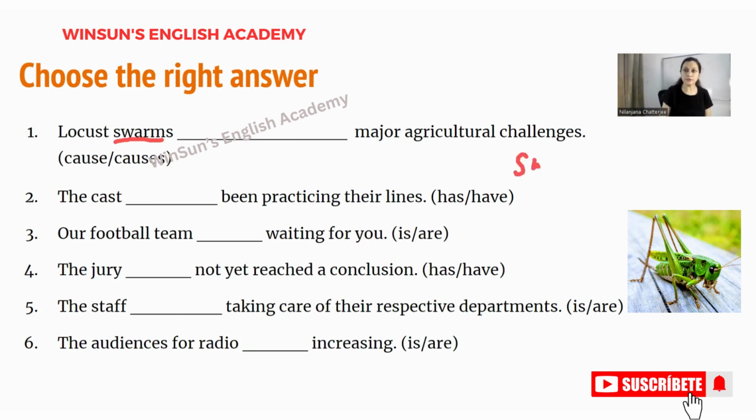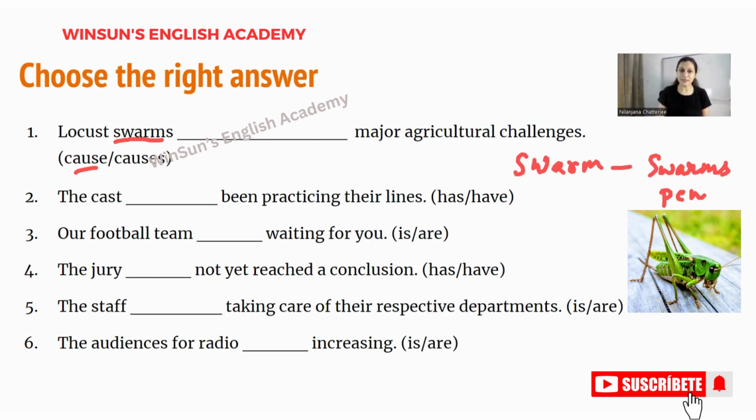Like we have swarm of bees, right? Swarm of locusts. But here we have swarms, which means it's a plural collective noun, right? So it will take, correct, a plural verb, cause. Locust swarms cause major agricultural challenges.